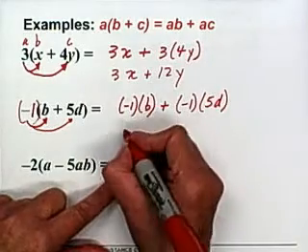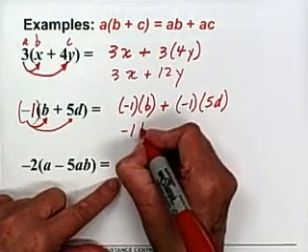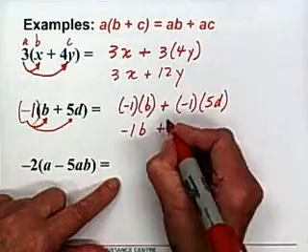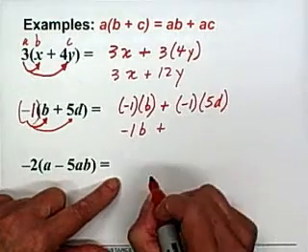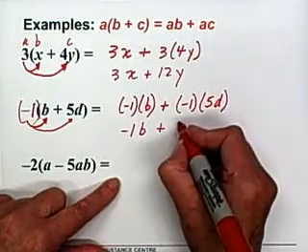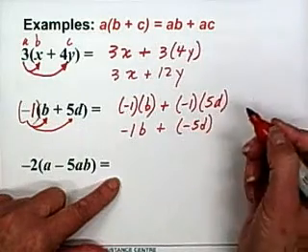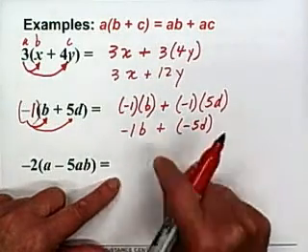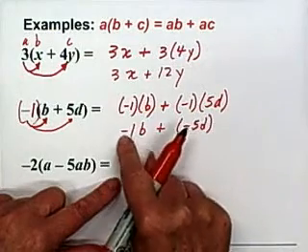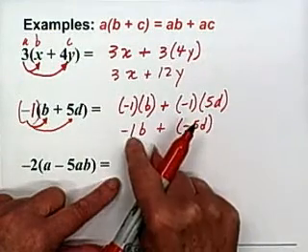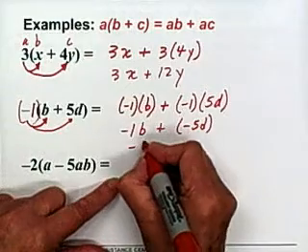Minus 1 times b is minus 1b. And we add minus 1 times 5d, which is minus 5d. But we still don't want these brackets in here, and we don't normally write numbers this way, minus 1b. We normally drop the 1 and write it as minus b.